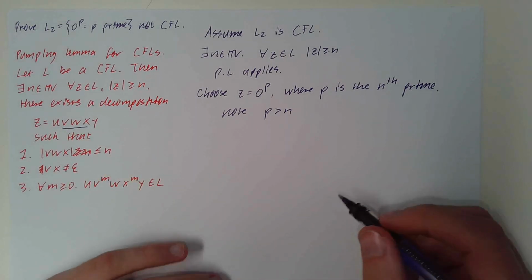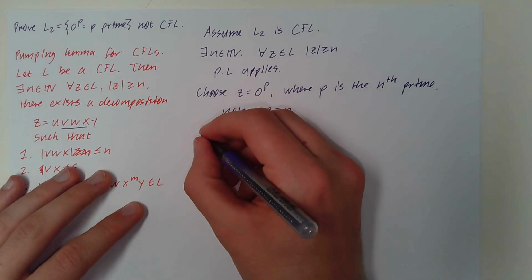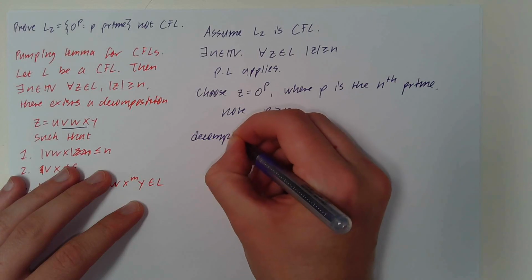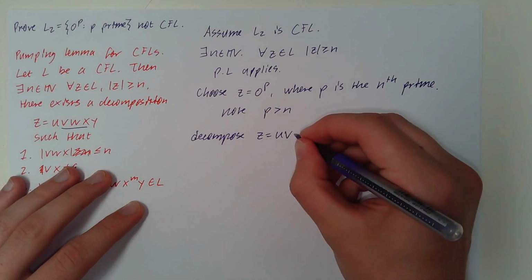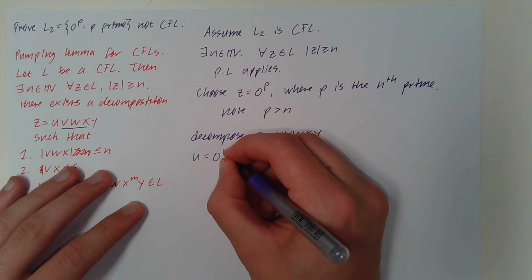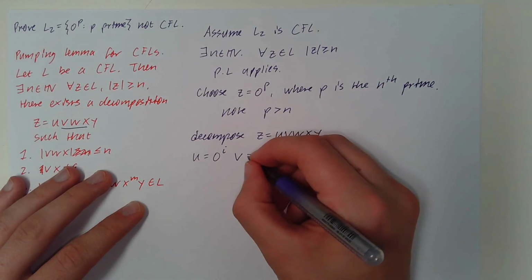Okay, so we have some length of primes. So now there exists some decomposition, so we have to show for any decomposition it fails. So we're going to decompose z as some arbitrary decomposition. All of these strings are just going to be some number of zeros because z itself is just some number of zeros.